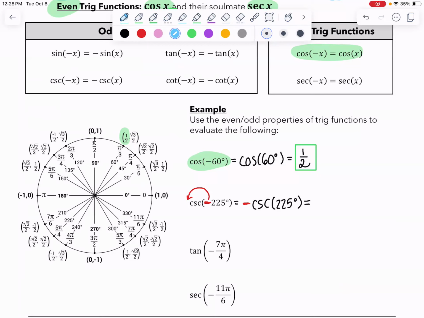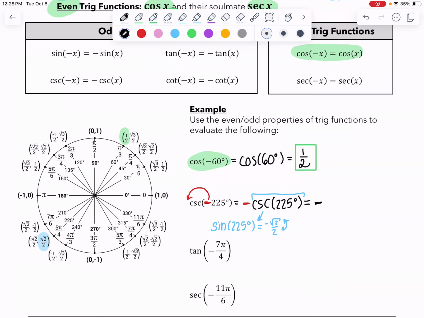So sine of 225 degrees, that's the y value at 225 degrees, is negative root 2 over 2, which means cosecant of positive 225 degrees is the flipsy-flu of this.